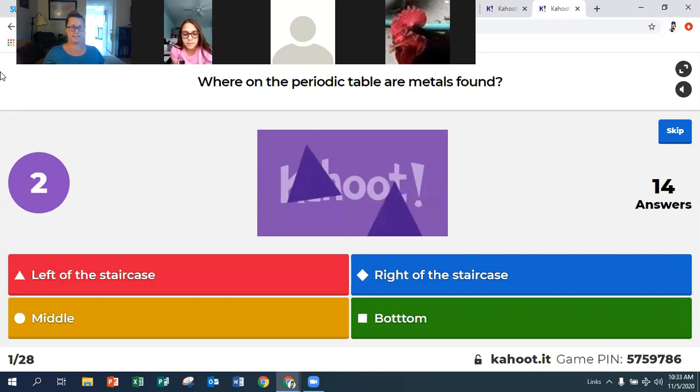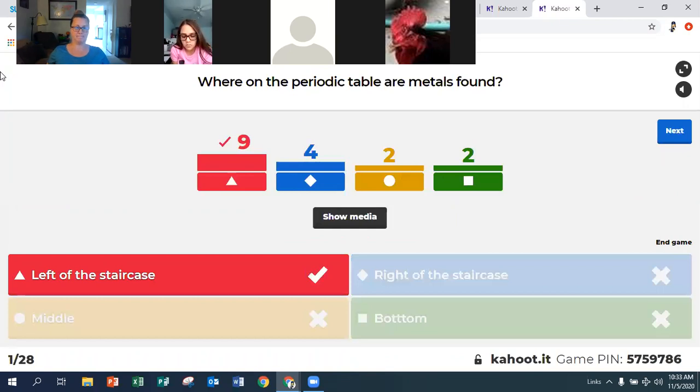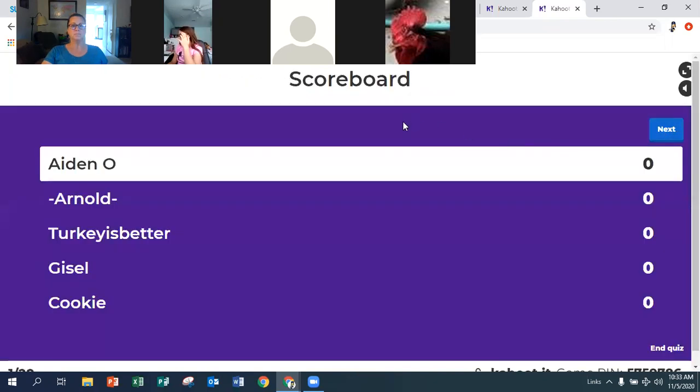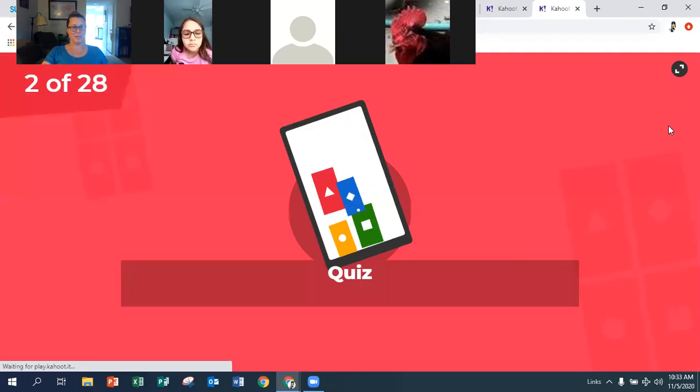Try your best. As long as you know the right answer, I don't care who comes in first. So metals are found to the left of the staircase. We colored those in green, right?